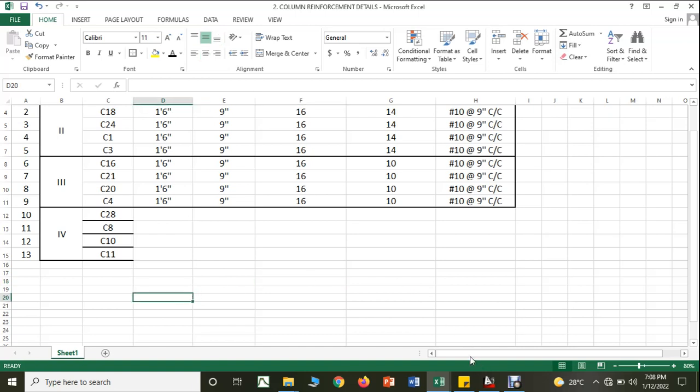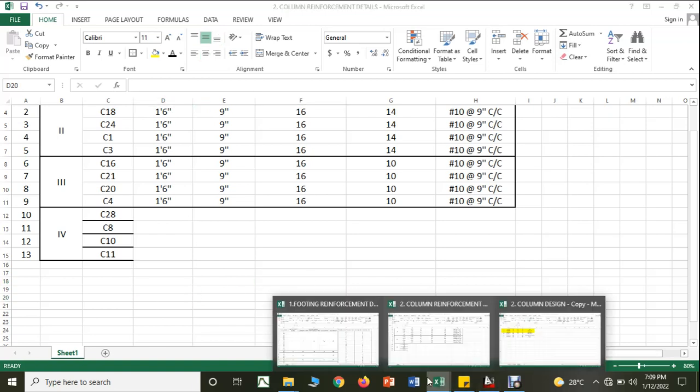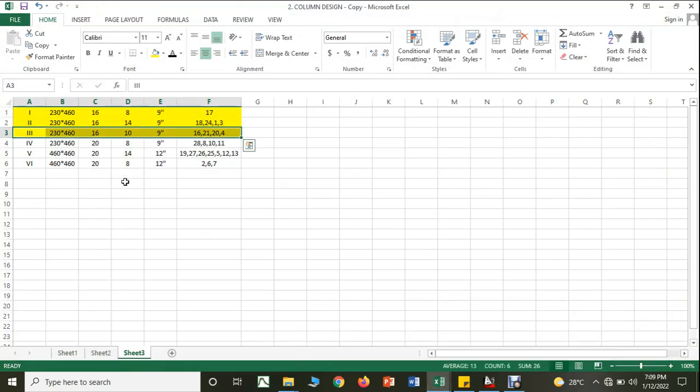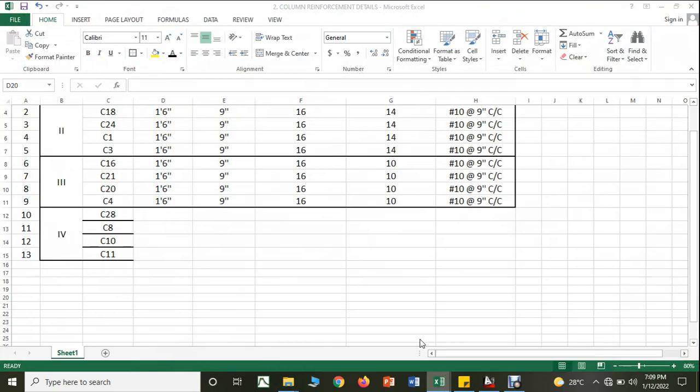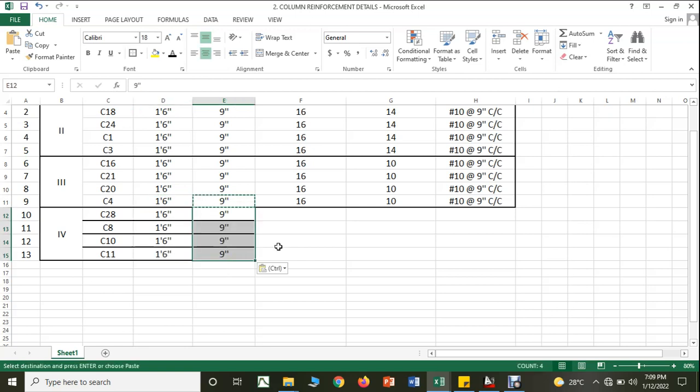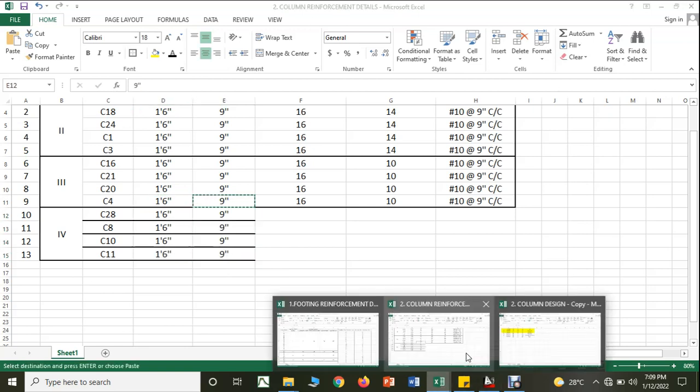So what is its corresponding dimension? The corresponding dimension will be again 230 by 460 only, that is the same dimension. What about the numbers?